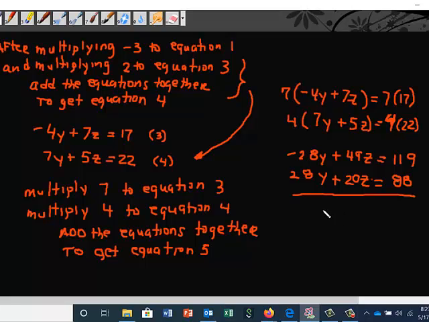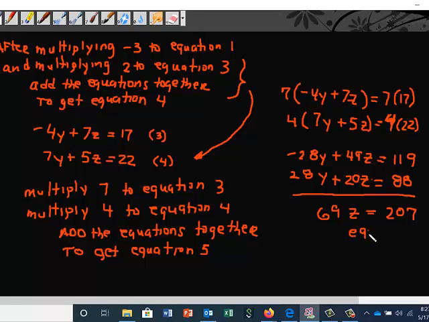Equation 5 is going to be 69z is equal to 207. Okay, so that's our equation 5. This is equation number 5 right here.